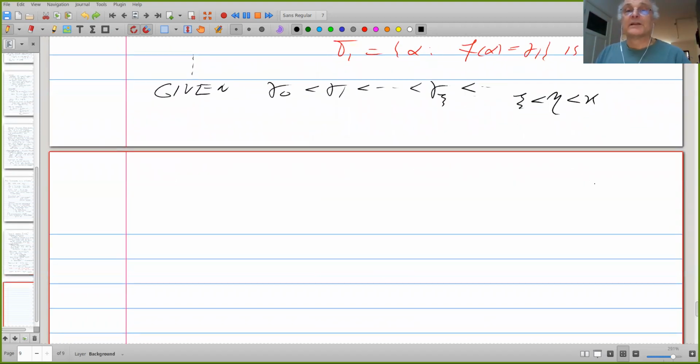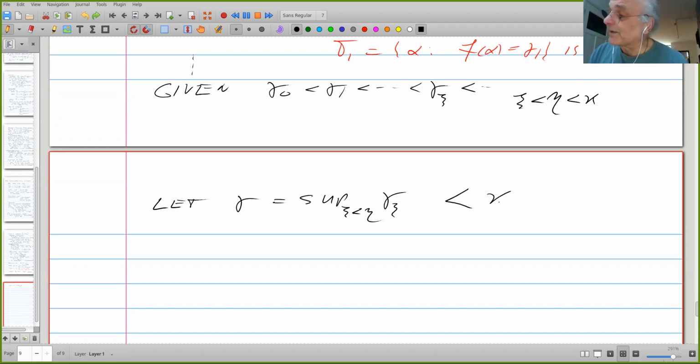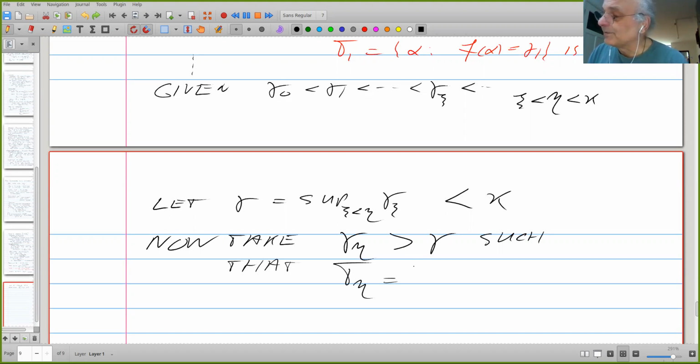But eta is still less than kappa. Let, for the moment, gamma be the supremum of all those gamma xi's, which is less than kappa. Now take gamma eta bigger than this gamma, such that T eta, which would be all the alphas in S, F alpha is equal to gamma eta, is stationary again.